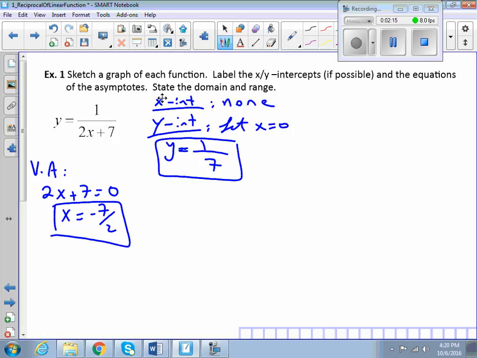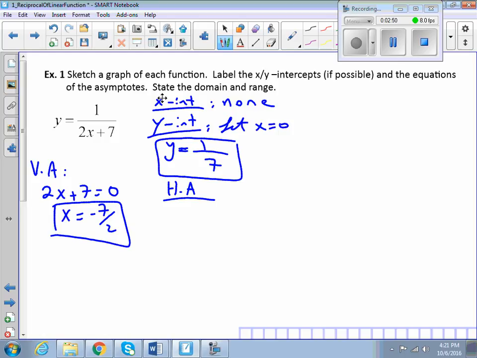Now for the horizontal asymptote, we need to sub in a number that is very large. I'm going to do the end behavior analysis a bit later in the same question, but right now I just want to figure out what my horizontal asymptote is. Based on the examples that we did, and the investigation that we had at the beginning, we saw that for reciprocals of linear functions, it's always the same thing.